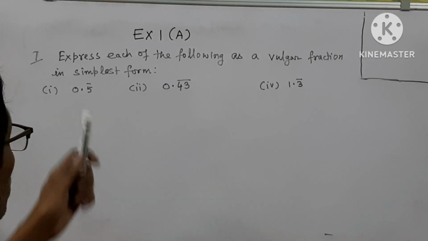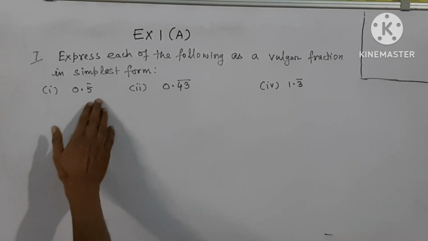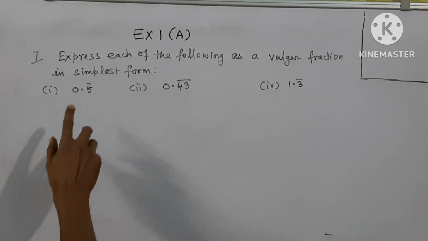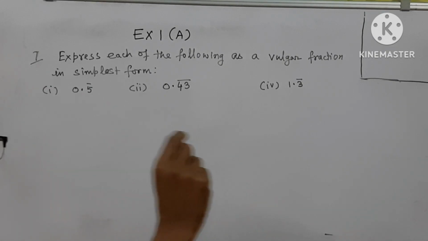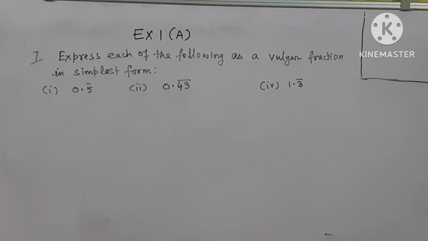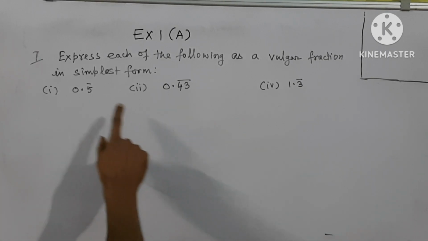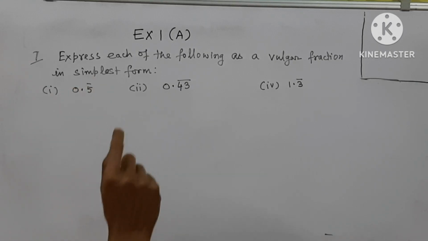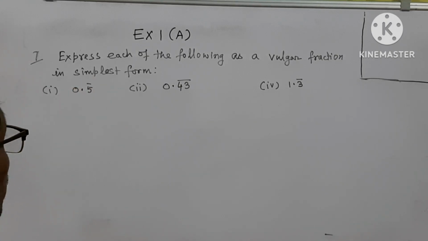Now you have to understand how to make this 0.5 with a bar over 5. That means 0.555, 5 is repeating infinitely, and you have to make it into a fractional number.